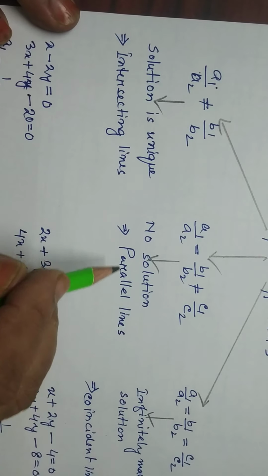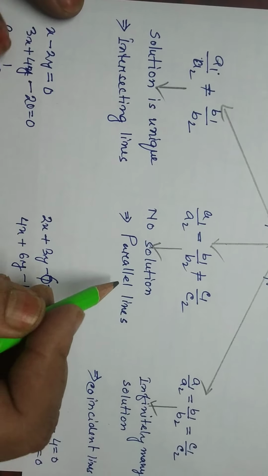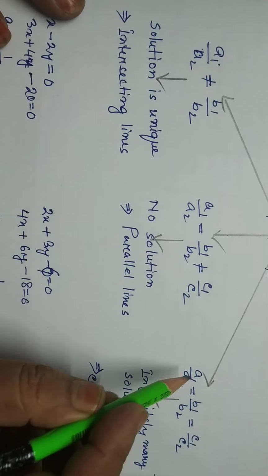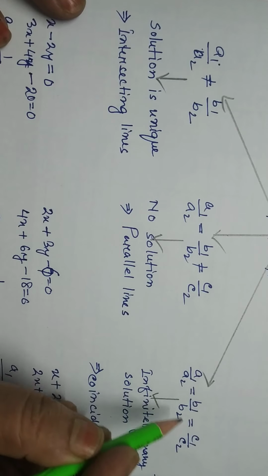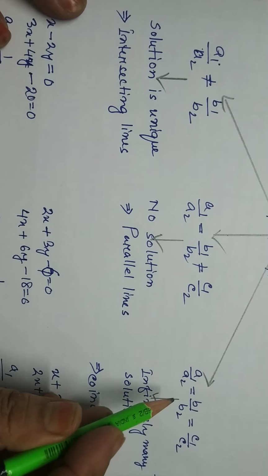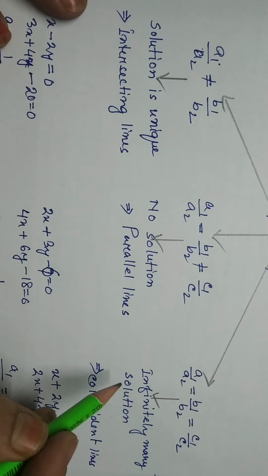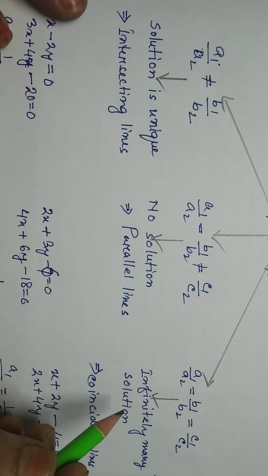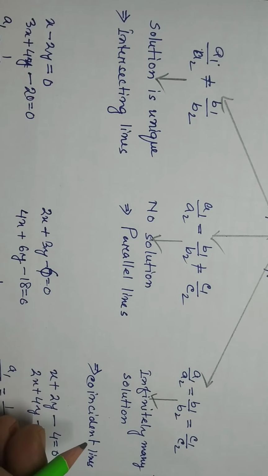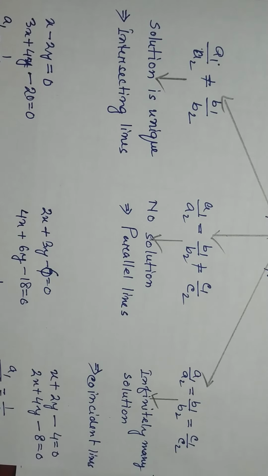Why? Because the lines are parallel. And if all ratios are equal, a1 by a2 equals b1 by b2 equals c1 by c2, then they have infinitely many solutions, and the lines are coincident.